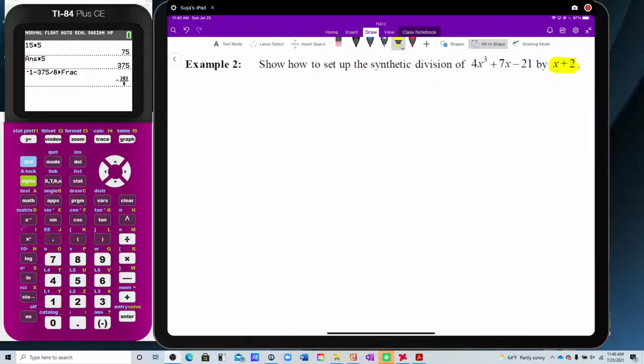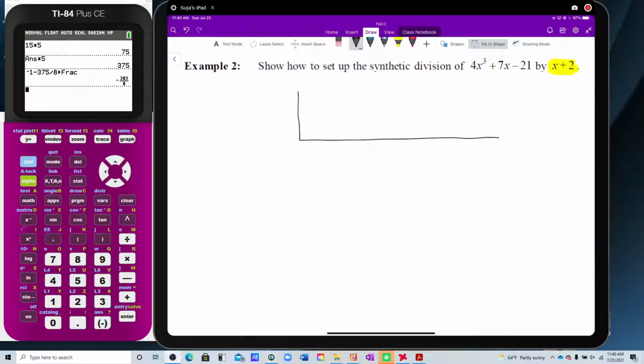Okay, so how do you set up for synthetic division? When you do synthetic division, we use an upside down L, and then you write just the coefficients. So when I look at this 4x cubed, 4 is the coefficient of x cubed, right?